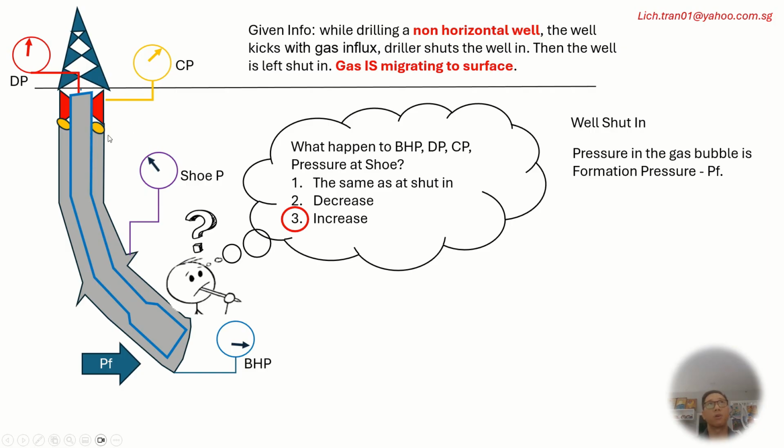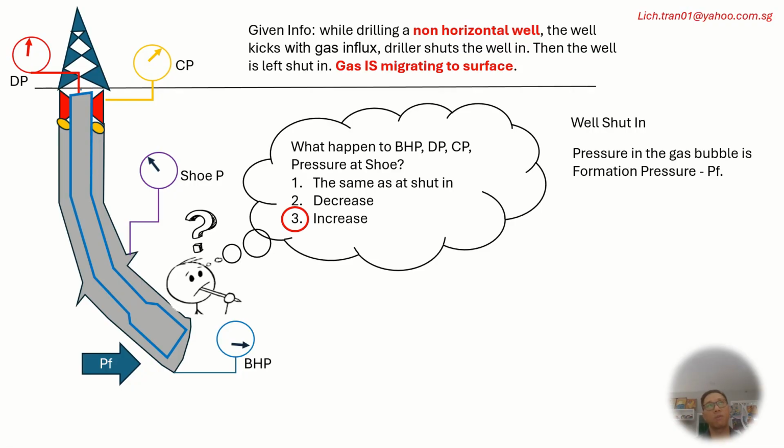All right. That formation pressure inside the gas bubble will act throughout the well bore system. It acts to the shoe, it acts against the bottom, it acts inside the drill pipe. So therefore, you will see the drill pipe pressure gauge increasing. And the reason you will see more increment in bottom hole pressure is because as the bubble percolates up to surface, it displaces more mud down below the gas bubble.